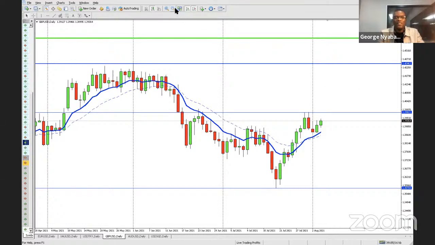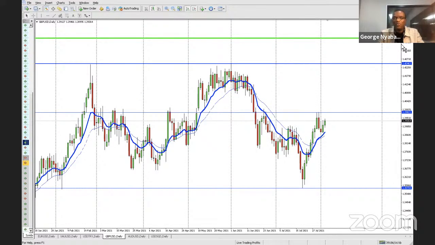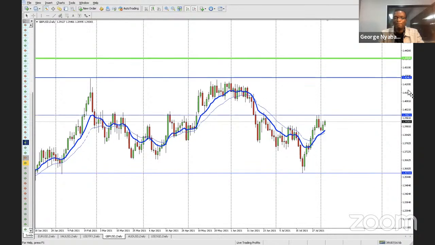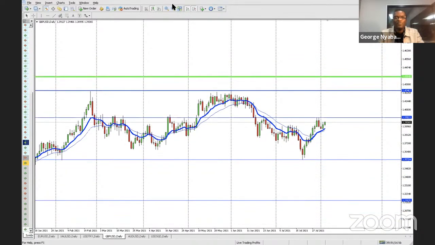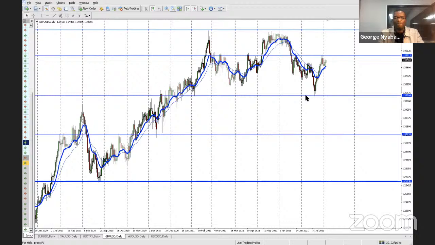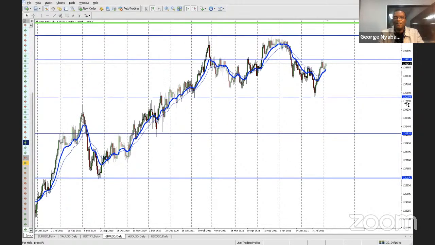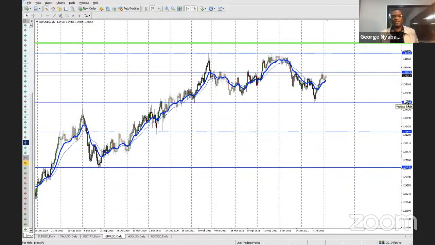Let's start with a bit of a bird's eye view, then we can drill in a little bit. So what's been presented before you by this beautiful currency? Cable, sterling, pound, dollar. You can trade it if you want, and you can decide if you want to trade it together with the euro, together with gold, together with the Aussie. Then it just becomes a matter of saying, okay, my total risk for the trades that I take is 1%, 2%.